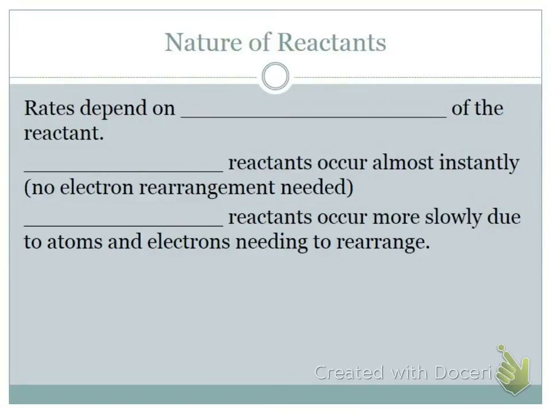So first thing is how reactive is that particular reactant. So reactivity. Obviously if I was talking about, say, a noble gas, it has a very low reactivity, so it would very much affect the reaction rate. But if I was talking about a group 1 metal, which is the alkali metals, which are the most active metals there are, the reaction rate would be much, much quicker.